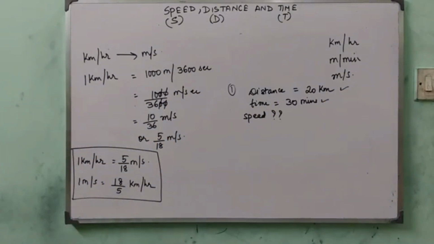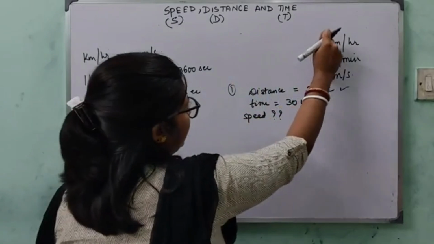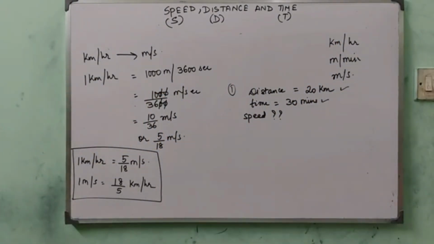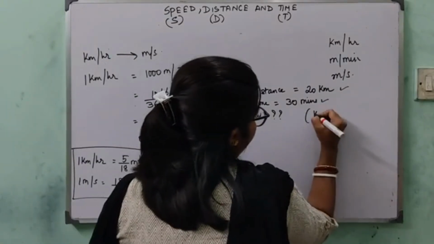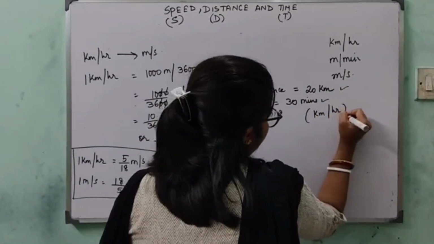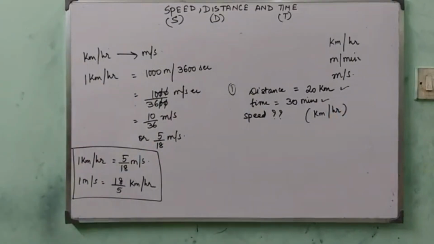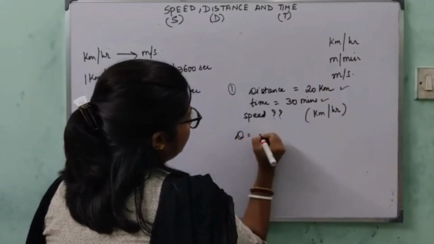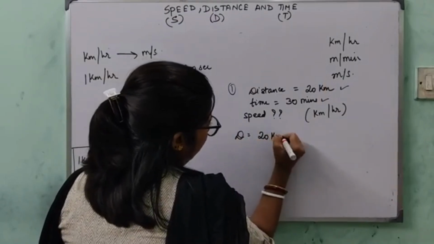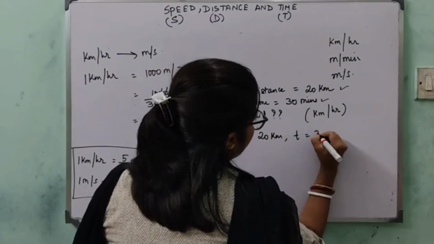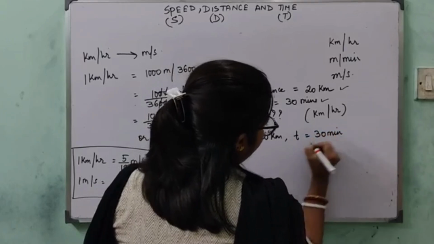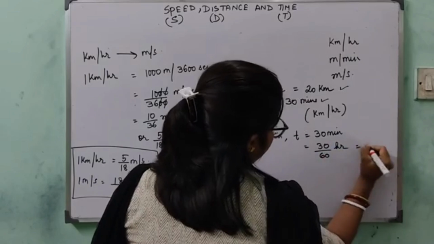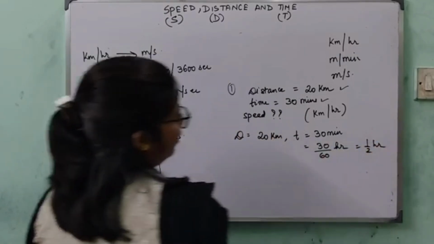So we have learned that either it is kilometer per hour or it is meter per minute or meter per second. So let me tell you to convert it to get the answer in kilometer per hour. So D was your 20 kilometer. What is your time? 30 minutes, which is equal to 30 by 60 hour, that is half hour.